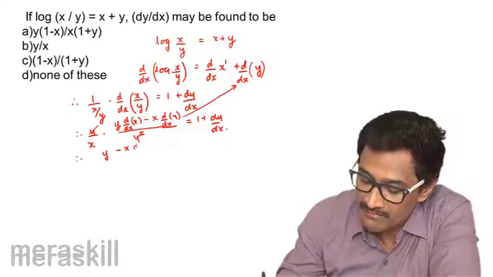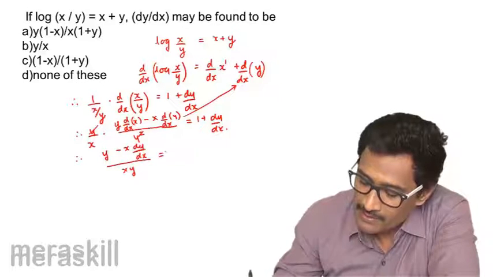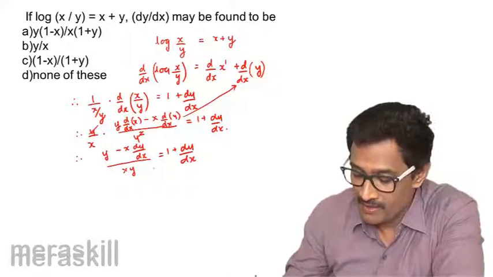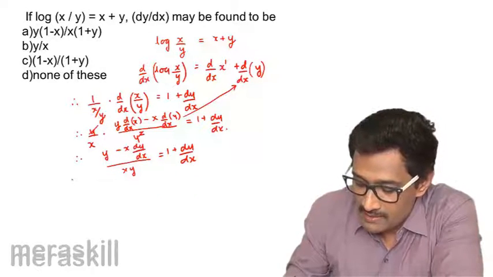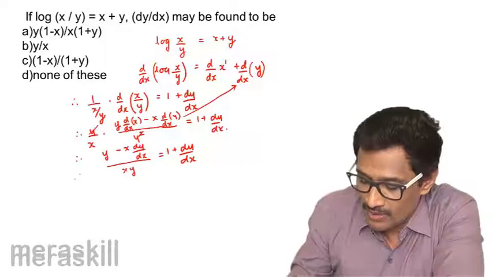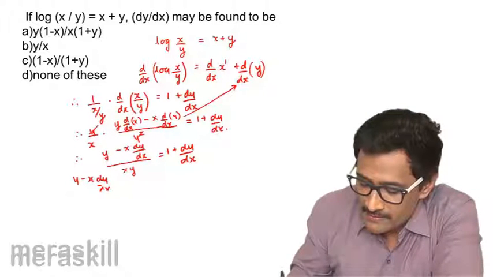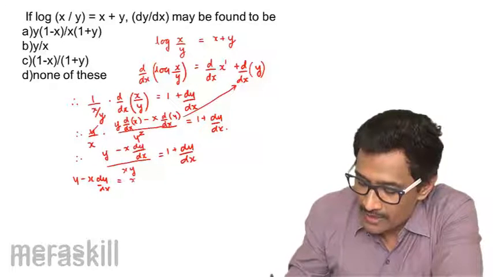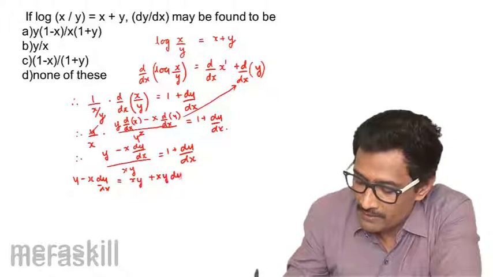We write it as dy by dx upon xy is equal to 1 plus dy by dx. Now if you cross multiply this, we get y minus x dy by dx is equal to xy plus xy dy by dx.